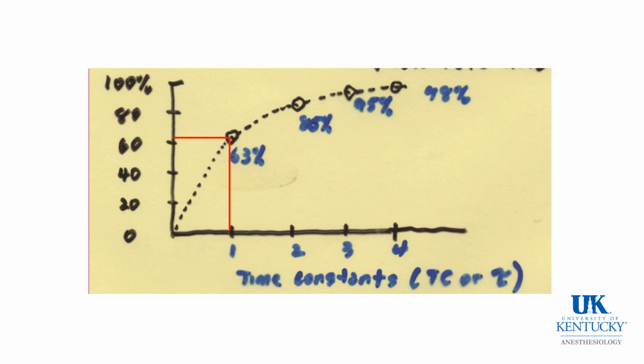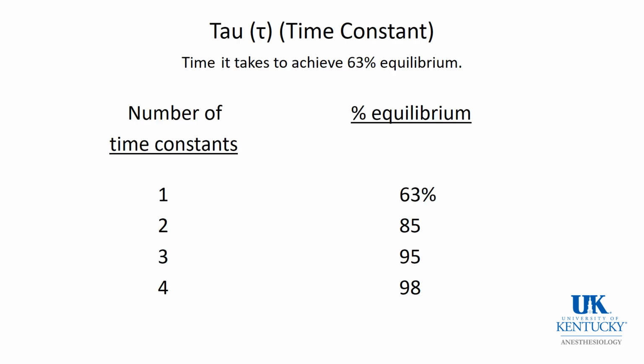In one time constant, it reaches 63%. In two time constants, 63% of the difference, which is now 85%. In three, 95%. And in four time constants, it's almost the same as your initial dialed in.